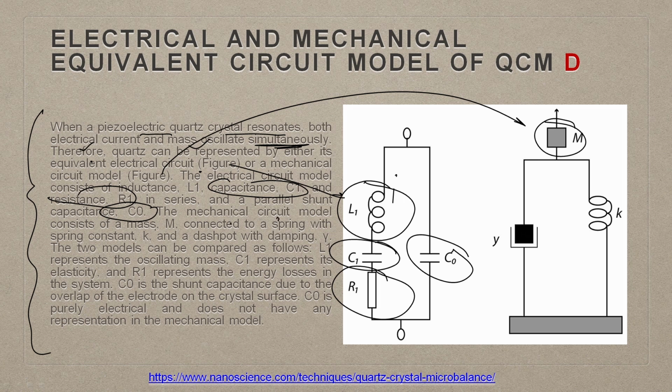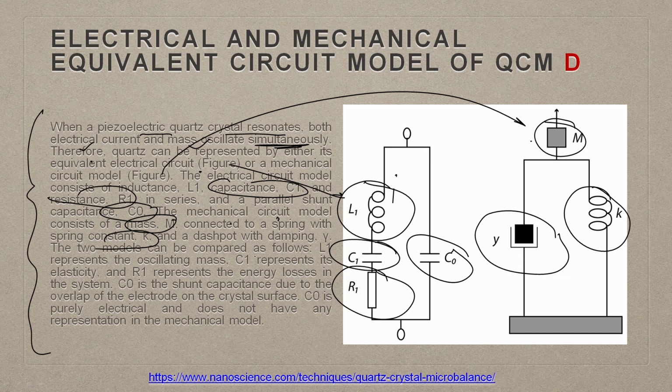The mechanical circuit model consists of mass M, as I was showing you, connected to a spring with a spring constant K, and a dashpot with a damping of Y.